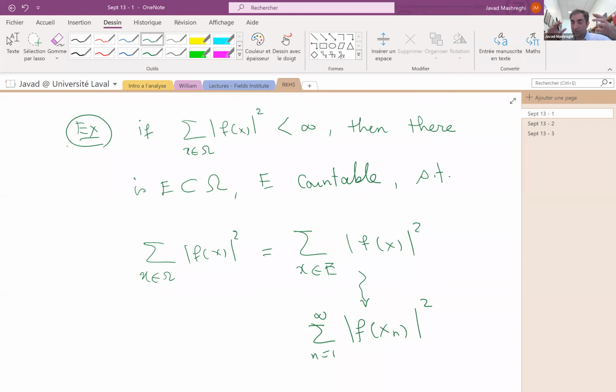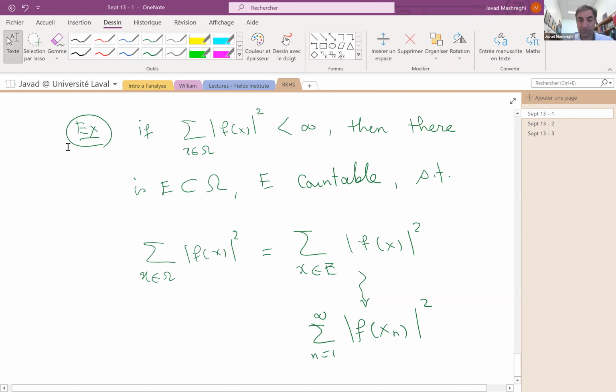For function f, there is a set E. For function g, there is another set, E prime. I mean, E and E prime have no relation between them. It's not a fixed set E which works for all functions f. But still, this observation helps.